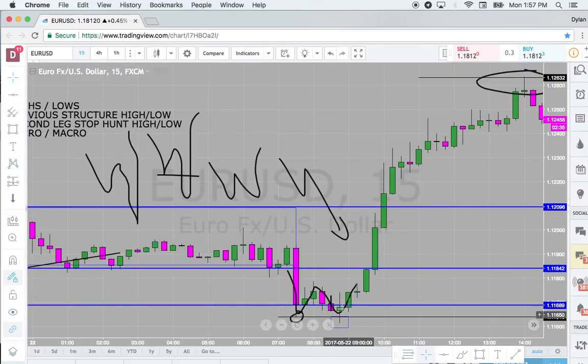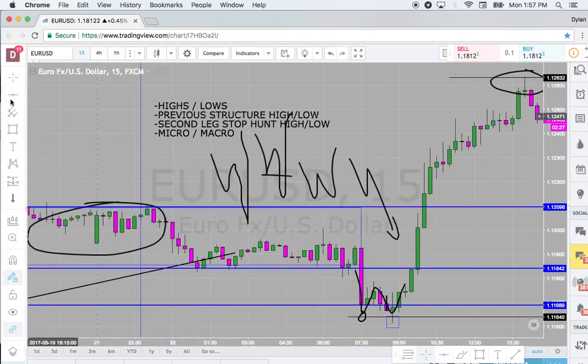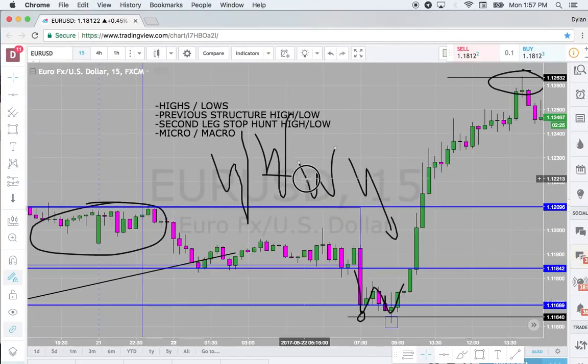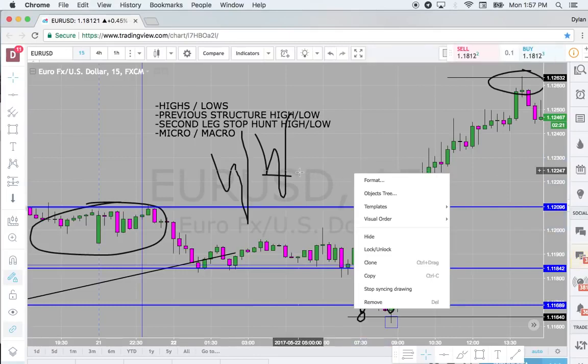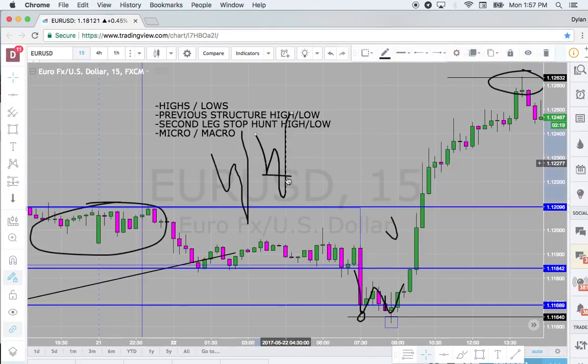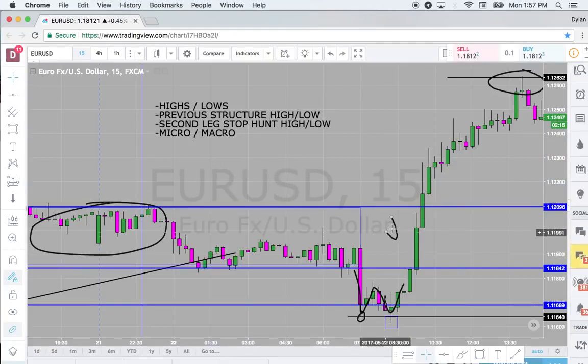How many of you would have sold here, knowing all this had occurred, and using your previous market knowledge? These are the old days, you guys. Welcome to the new era of information.